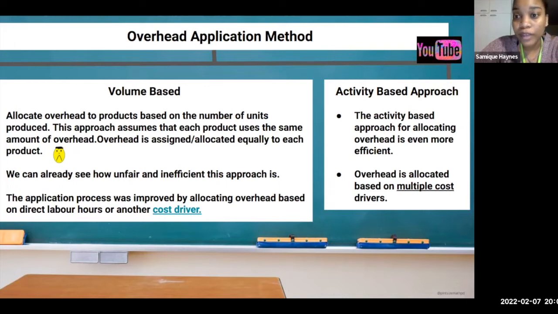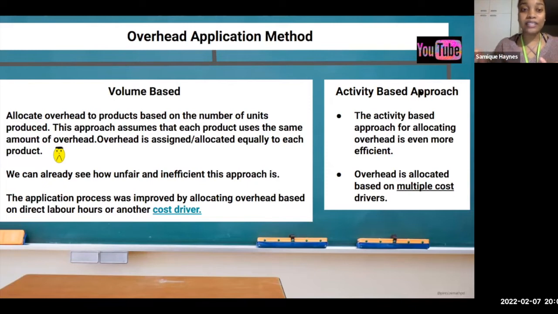Makes sense, perfect. All right, so I'm gonna play this video and it talks about volume-based versus the activity-based approach. We can see that the activity-based approach is even more efficient than just using one cost driver. As I said, a cost driver drives costs up or down.